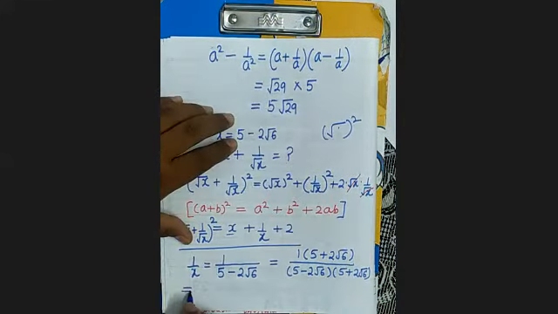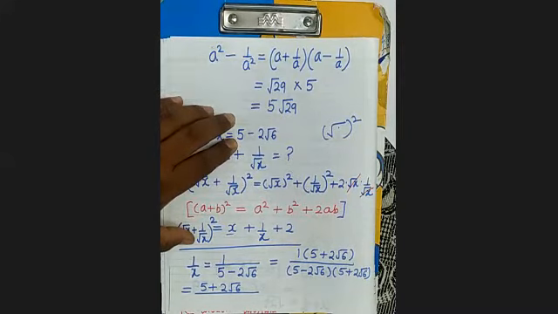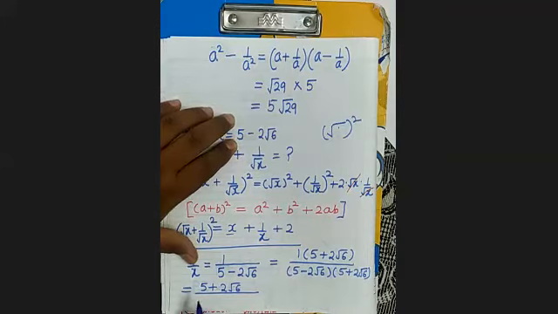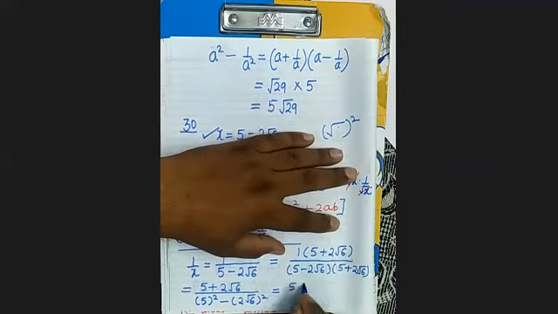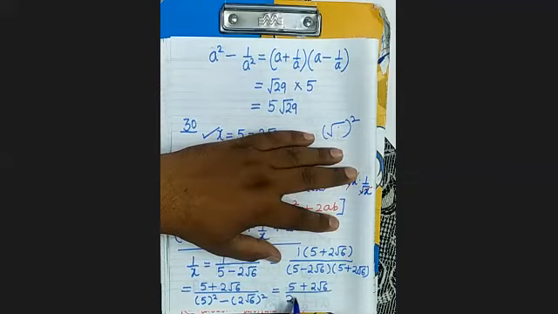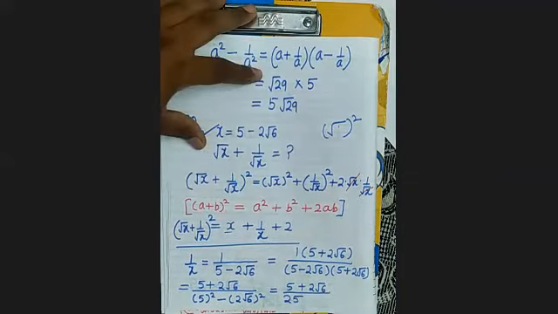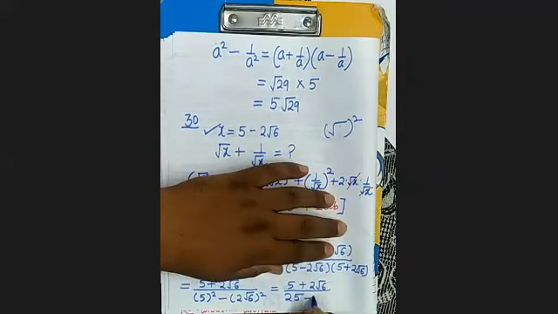So see here, it will be 5 plus 2 root 6. It is (a minus b) into (a plus b), which is a square minus b square. So it is 5 square minus (2 root 6) whole square. 5 square is 25, 2 square into 6 is 24.